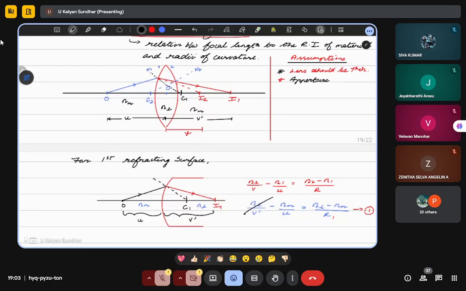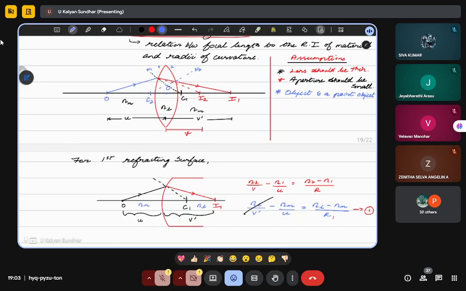Next comes the aperture. In the same way, the aperture should be small. Next, the object kept here. Is the object an extended body or a point object? The object is a point object, and it should be kept on the principal axis; only then will this be applied.